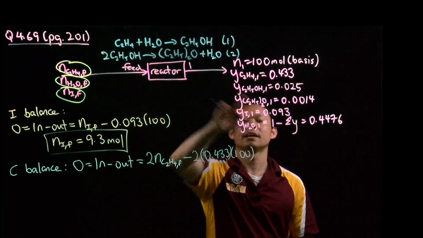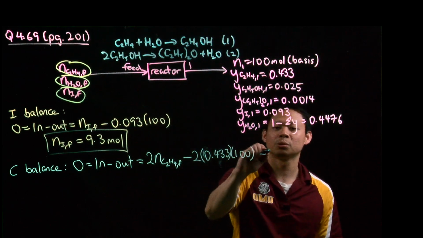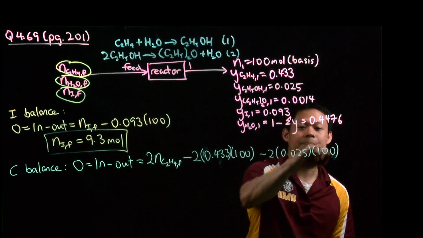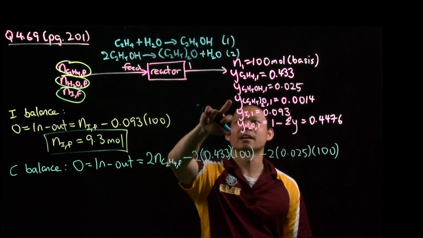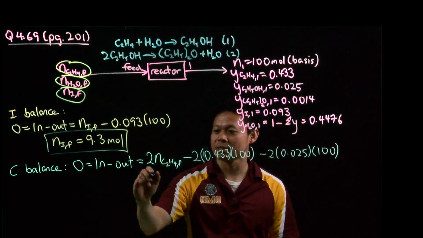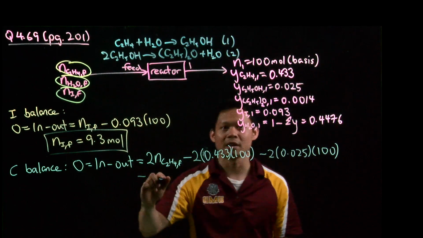It is coming out in my ethanol, and same thing, it is 2 moles per mole of ethanol. So I have 2, 0.025, and 100. We have it coming out in the ether. So in this case, I'm going to continue down here. For every mole of ether, I have 4 moles of carbon.